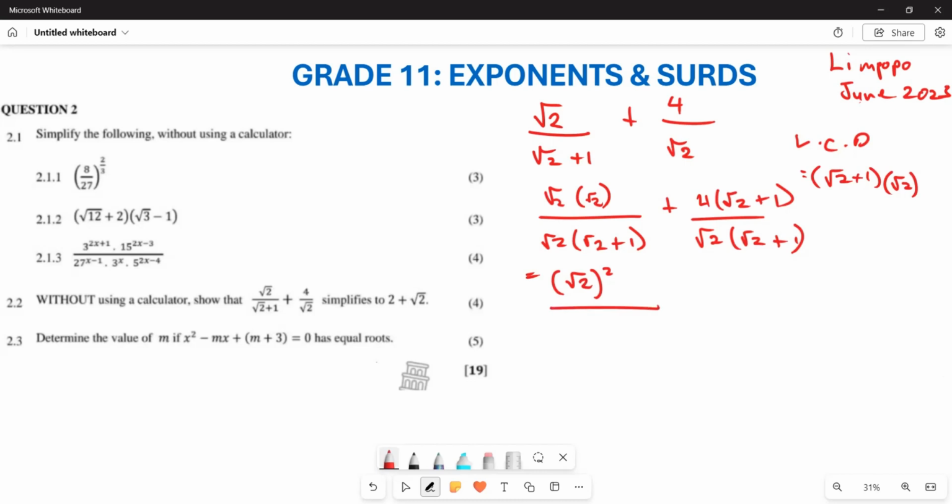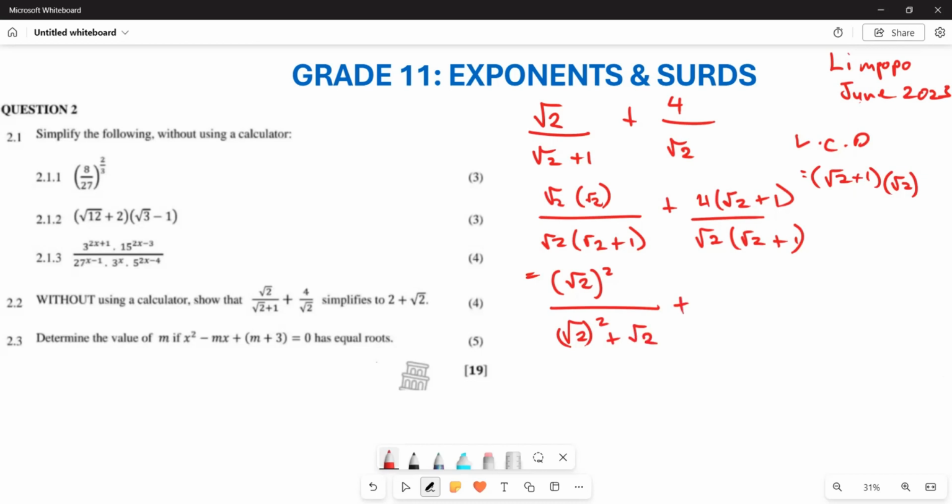Over your what? Now, what is it that you're going to have in here? So if you multiply this one now, in your denominator, this is still going to be the same as when you say root 2 multiplied by your root 2. Let's do this as root 2 close bracket squared. This is going to be root 2 close bracket squared plus your root 2. Isn't it so? This is going to be plus 1.